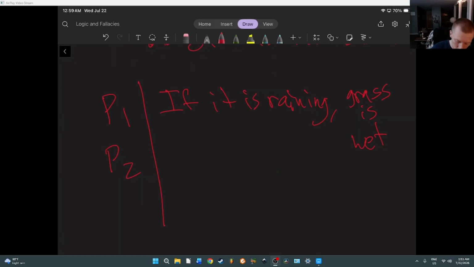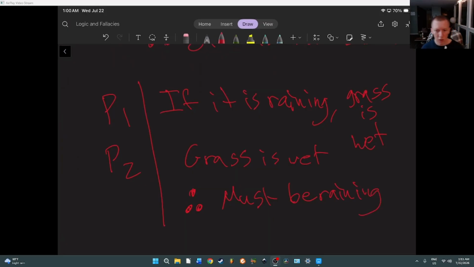Well, grass is wet. Therefore, it must be raining, right? If A, then B. If B, therefore C. If A, therefore C. So if it's raining outside, right, and the grass is wet, then the grass is wet.